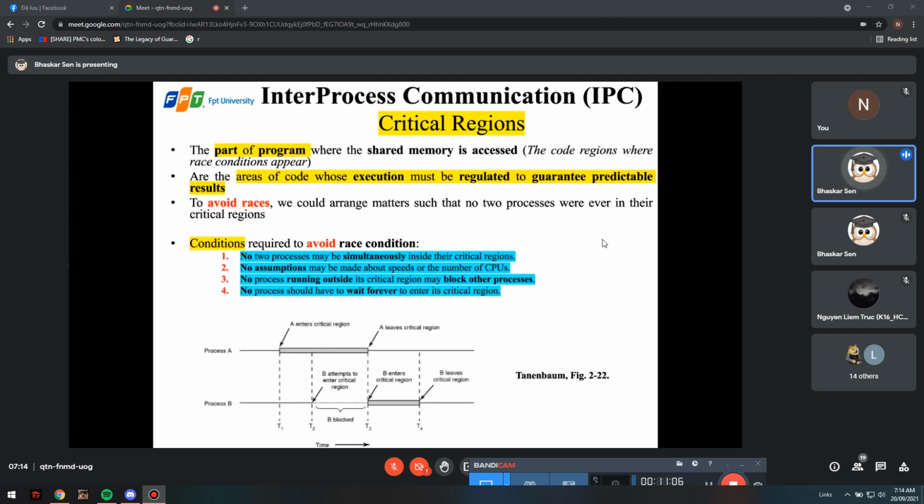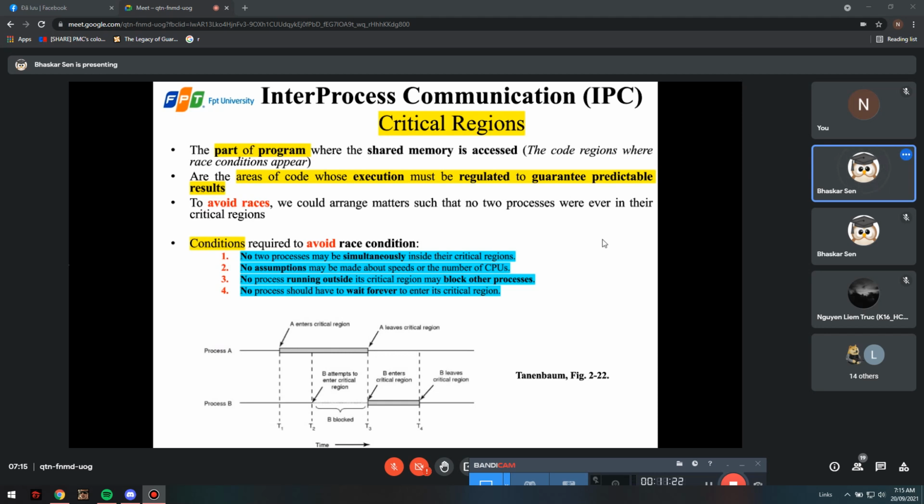Now the big question is, what can we do to avoid it? Well, before we jump in there, we will talk a little bit about critical section. What is a critical region? There's one that you'll be using quite a lot.